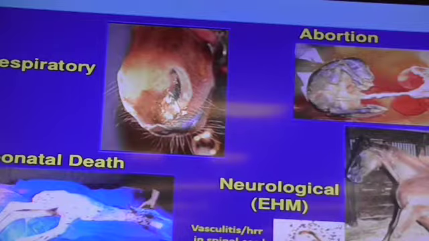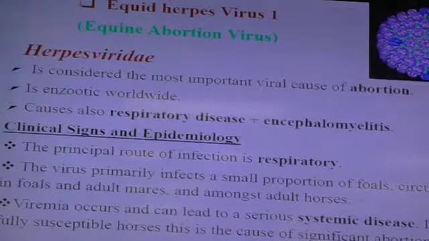The reason for this is not only the presence of vasculitis, but also the presence of hemorrhage in the spinal cord. The presence of hemorrhage is characteristic of this disease, which is equine herpesvirus 1.